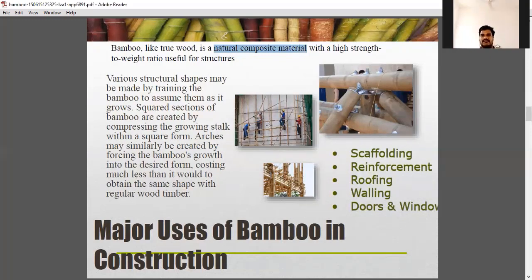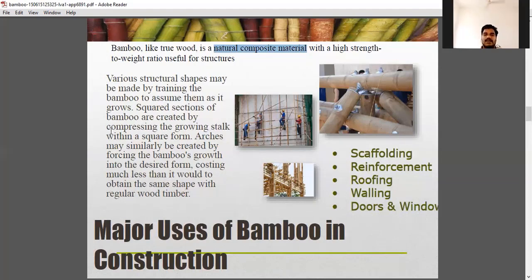The sticks we are using are bamboo sticks. Various structural shapes may be made by training the bamboo to assume them as it grows. Generally it is round, and a square section of the bamboo can also be constructed.